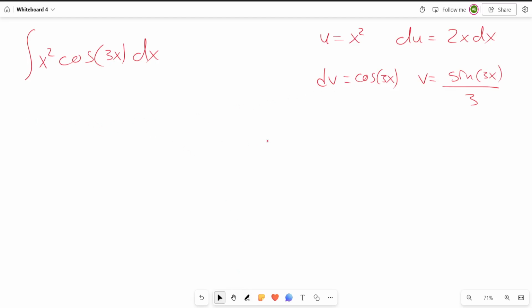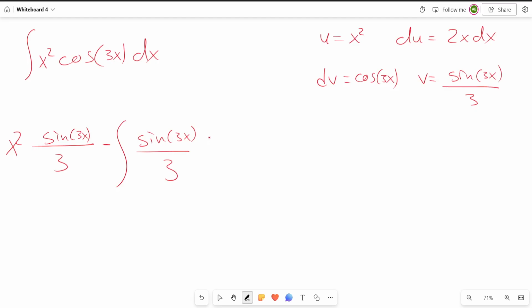So our equation is basically uv, so x squared times v, which is sine 3x over 3, minus the integration of v du. V is sine 3x over 3. Du is basically 2x dx.